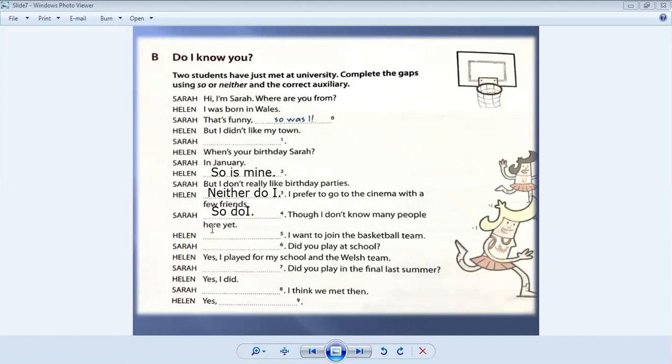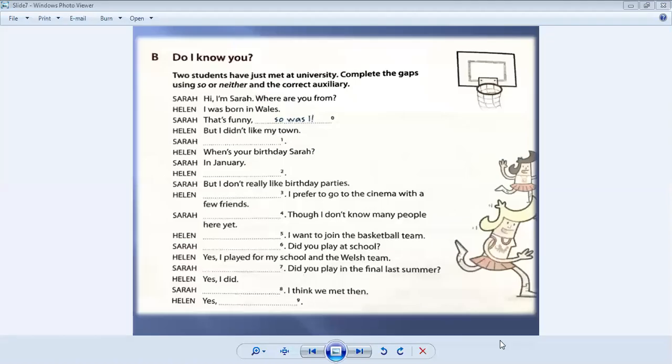Though I don't know many people here yet. And Helen says, I want to join the basketball team. What are we going to do? Here, because it's negative over here, you're going to write it as neither do I. And I want to join the basketball team. And she would say, so do I.